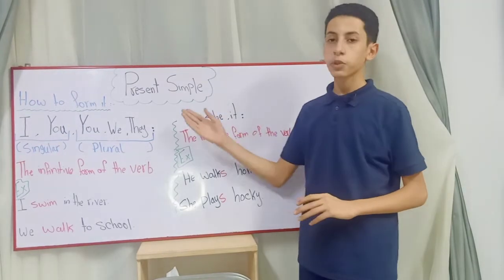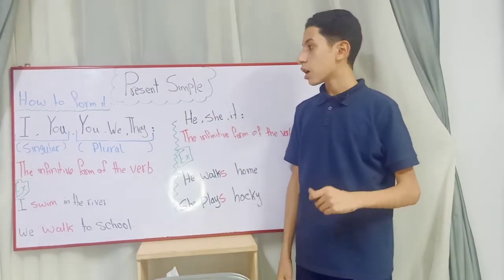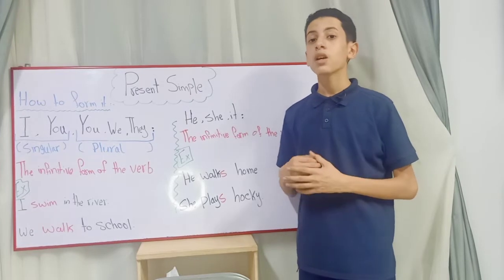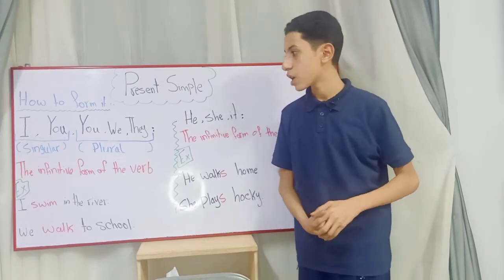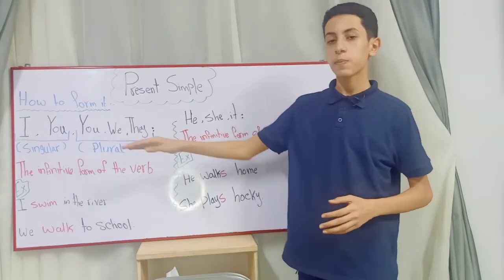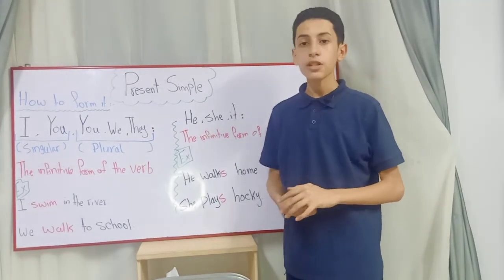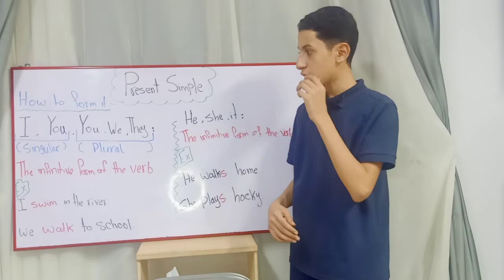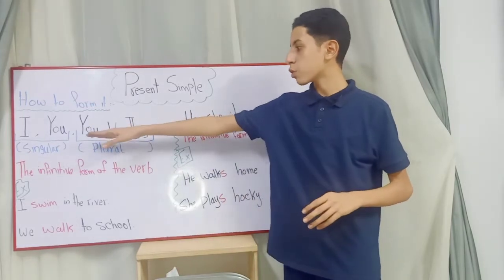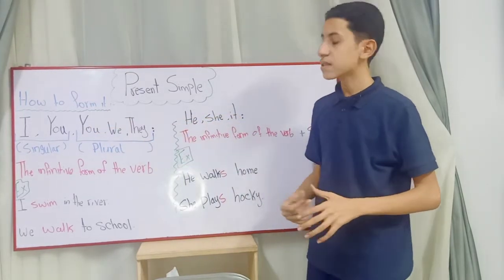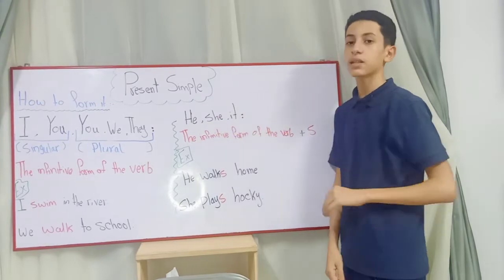And in the present simple tense we are going to learn how to form it and when to use it. Okay, so let's begin with how to form it. Here you see we separated the pronouns into two parts. The first part: I, you, we and they, and the second part: he, she and it.